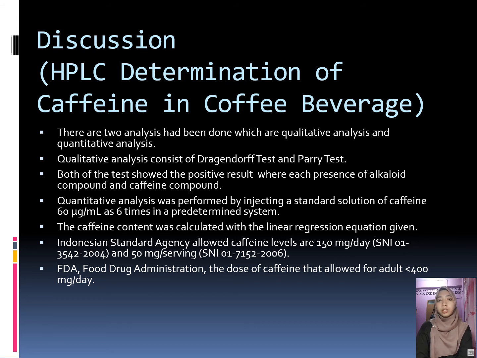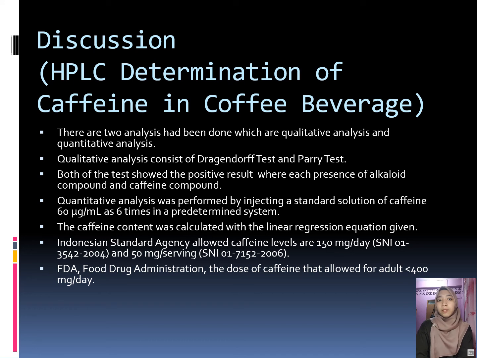Furthermore, the retention time of the caffeine standard was compared with the HPLC retention time in the qualitative analysis of caffeine. The average for the standard caffeine was 2.580 minutes, and the 3 samples are similar.